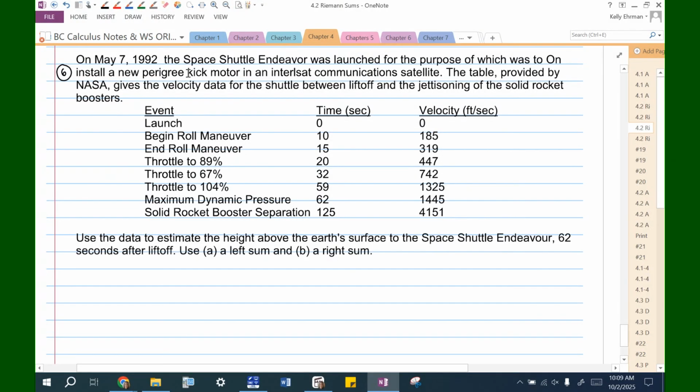The table provided by NASA gives the velocity data for the shuttle between liftoff and the jettisoning of the solid rocket boosters. Okay, so again, we have time, velocity. Use the data to estimate the height above the Earth's surface of the Space Shuttle Endeavour 62 seconds after liftoff.